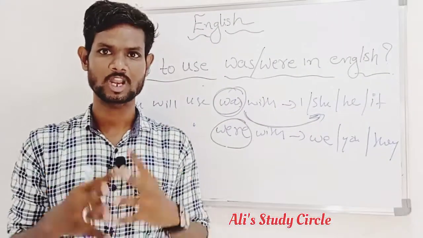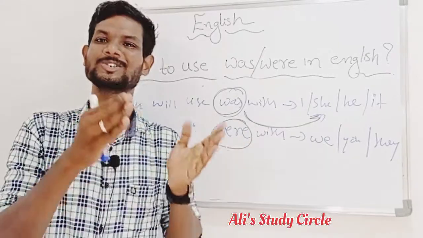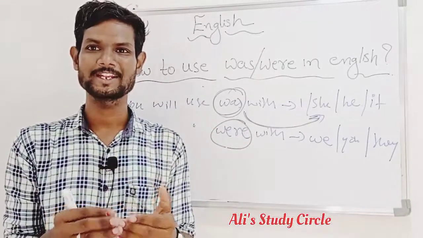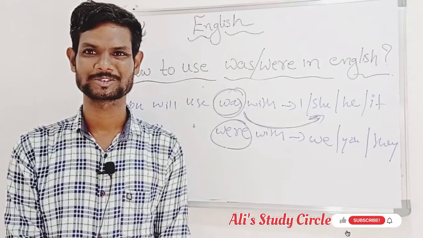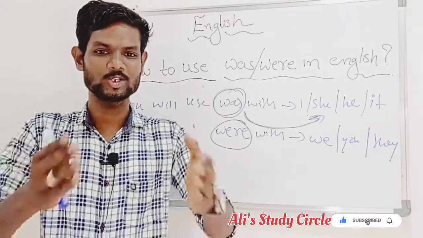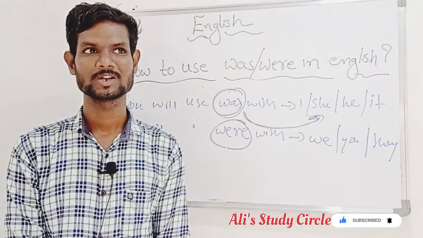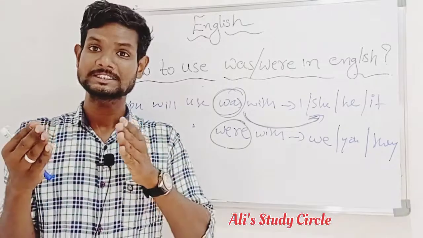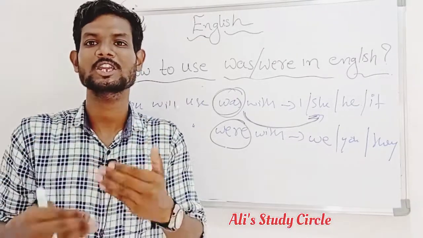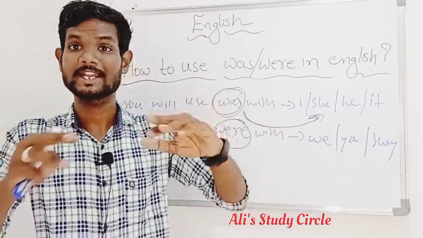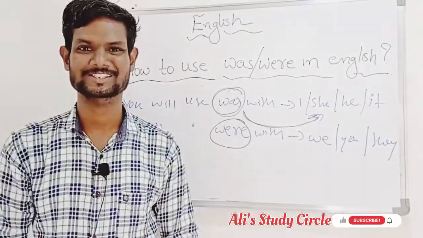Now let's learn where to use our helping verbs was and were. You can use was and were when you are talking about an event that happened in the past.